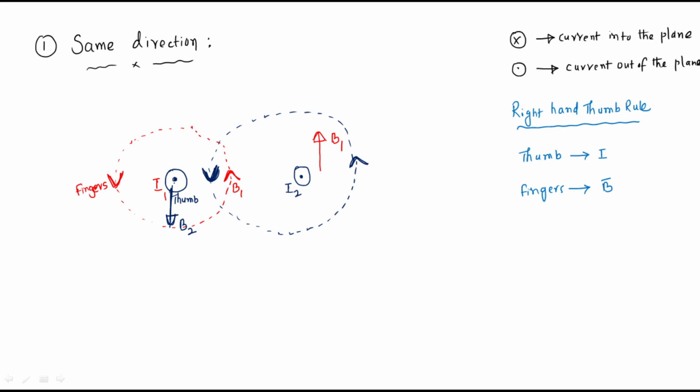Here the current is out of the plane, which is in the direction of dl, right? So the current is out of the plane, that is dl.